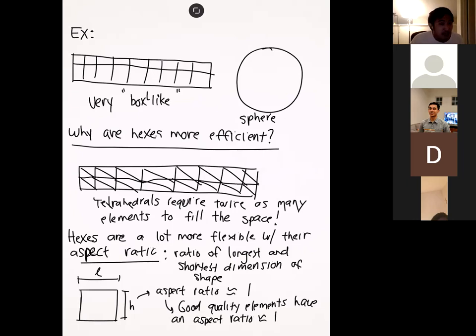But hexes actually have this benefit where you can modify the aspect ratio, and you can have elements that look really squished and still end up with pretty good results. Let me show you what I mean on the next page. I'll show you why tetrahedrons can't do this, and that's a big reason why tets are not as efficient as hexes.